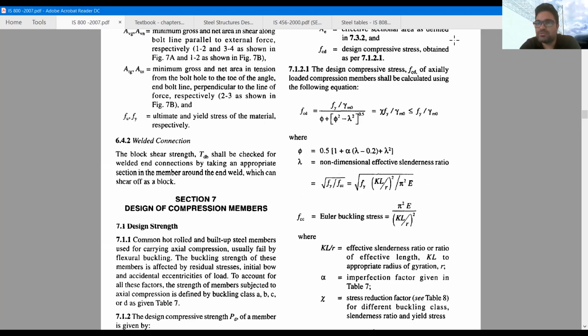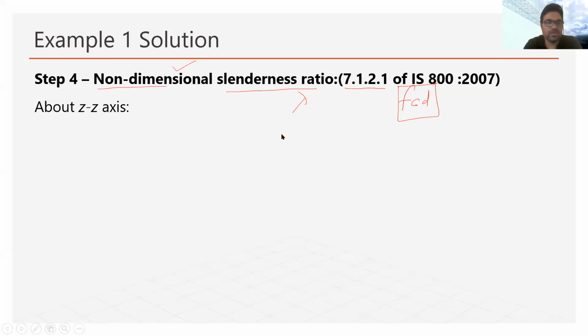So now again going to the slide. So here, as the buckling can occur along z-axis or y-axis, so we will have to find out this FCD value. This FCD value we will find out along the z-axis and also along the y-axis. So whichever axis gives us least value of FCD will be our design FCD value.